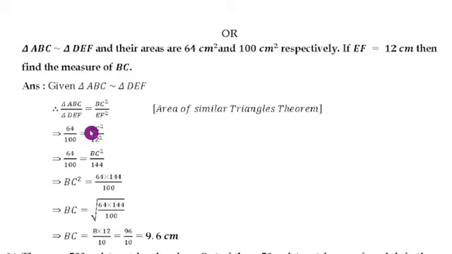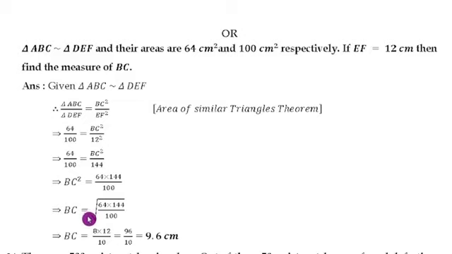So substitute all the values. They have given the areas of the two triangles. So 64 by 100 is equal to BC square by 12 square. So 64 by 100 is equal to BC square by 144, since 12 12s are 144. You have to write like that. Therefore BC square is equal to 64 into 144 divided by 100. Now take the square root on this side.